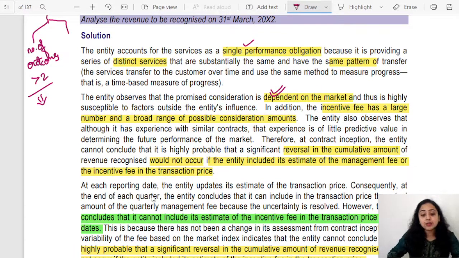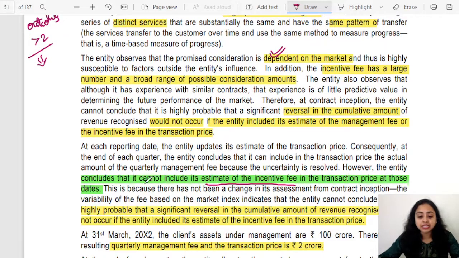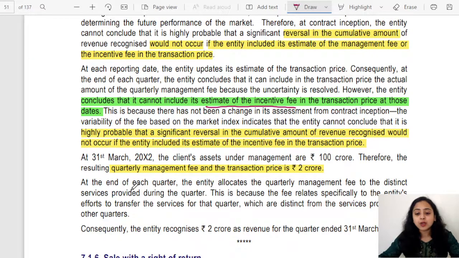At each reporting date, the entity concludes that it should include the estimate of the management fees in the transaction price at those dates. This is because there has not been a change in the assessment from the contract inception. The variability of the fees is such that it is highly probable that a significant reversal will not take place, and therefore the quarterly management fees is rupees 2 crore.